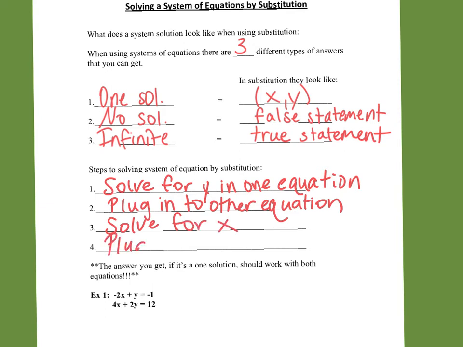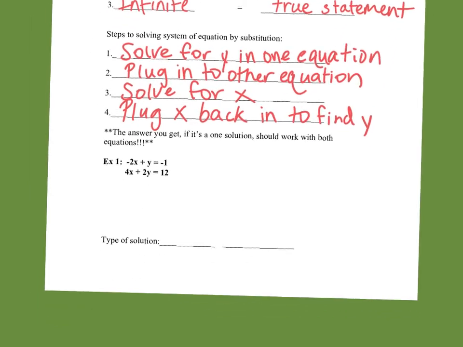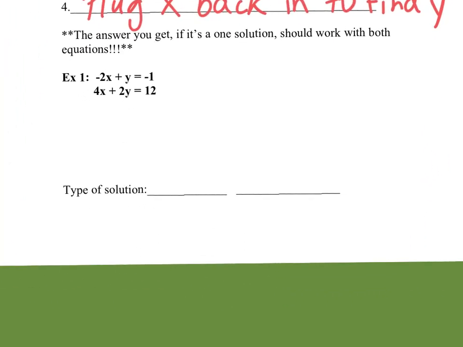And last but not least, plug the x back in to find what y is. Sounds like a lot, but once we get going on this, it's not going to be that hard. So solve for y, plug it in, solve for x, plug it back in. So no graphing on these ones.